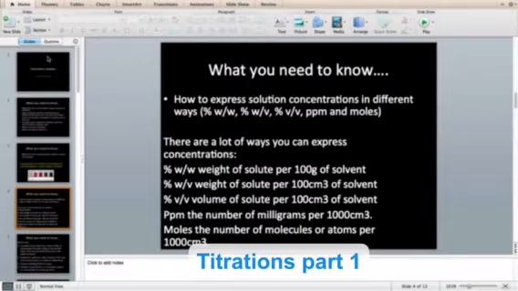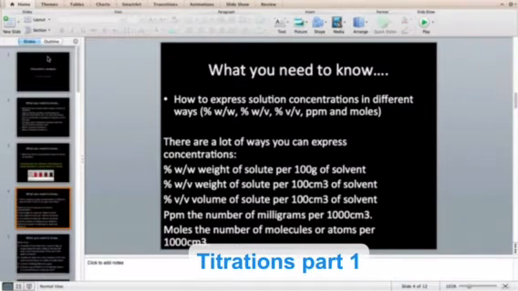So we'll practice some of those now in a second. And your percentage weight per volumes and weight per weights, girls, we were usually aware of that with alcoholic beverages and stuff like that. They will have a percentage on them. When you're talking about that, it's percentage volume per volume, okay? And when we do the vinegar titration, we look at your percentage weight per volume as well, okay?